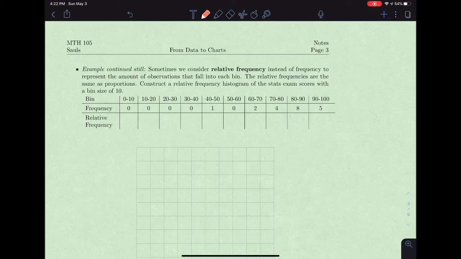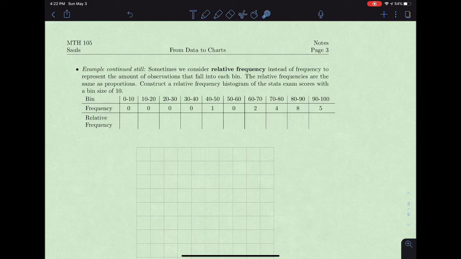Welcome. This is the third video on histograms, and in this video we're just going to build a relative frequency histogram. The relative frequency is referring not to the total count of number of people who had a height between two values, or in our case, 4 people scored between 70 and 80.